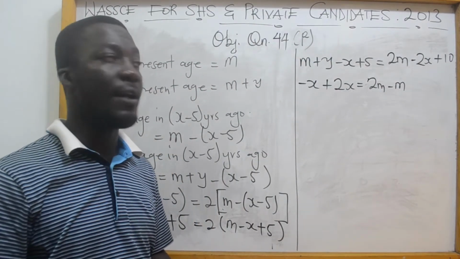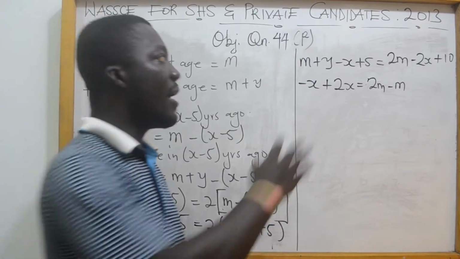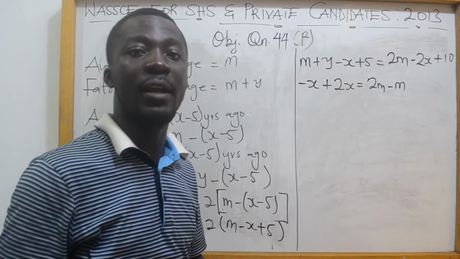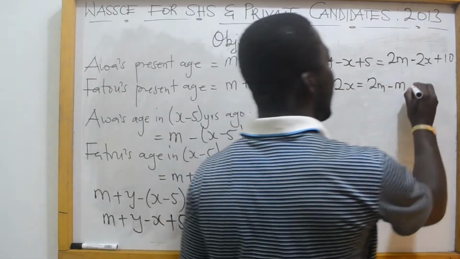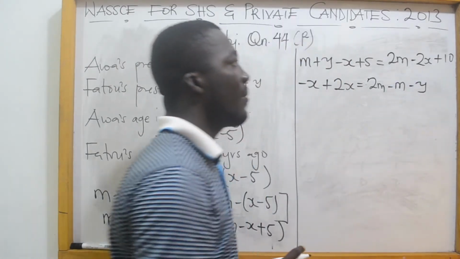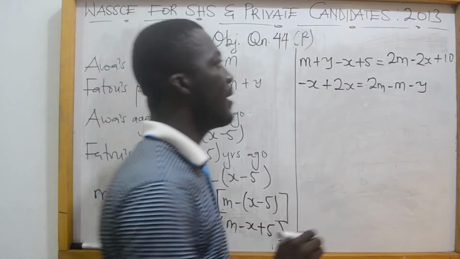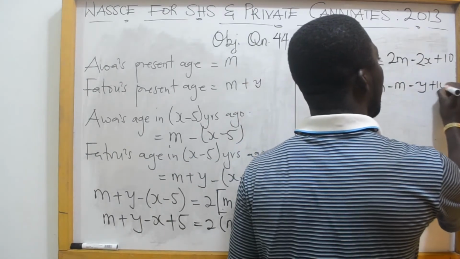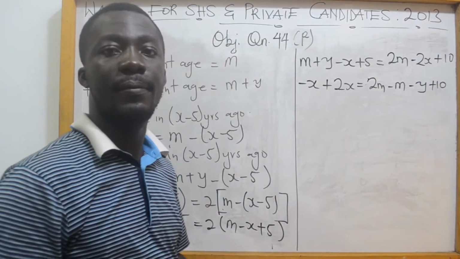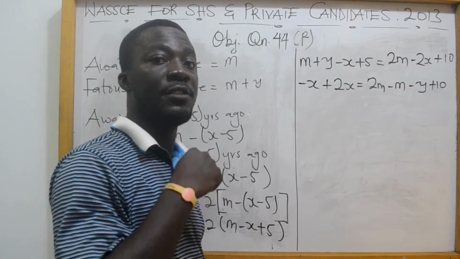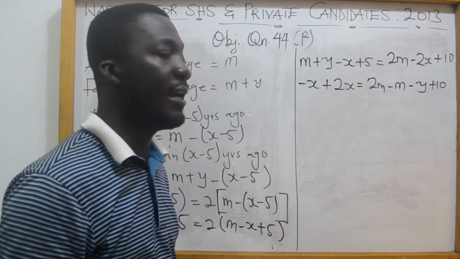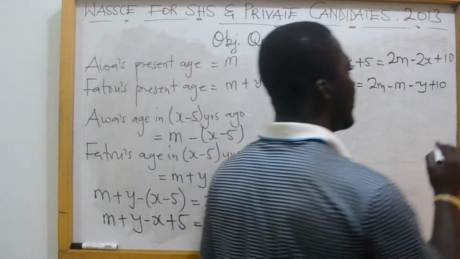Then the y will follow. So y is positive; when it goes, it becomes negative. So minus y. Then we already have 10 there. And the positive 5 will be transposed to the right hand side and it will become minus 5.